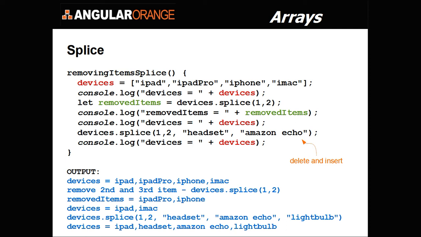And then I do a splice from elements 1 to 2, and basically what's left is iPad Pro and iPhone. It removed the second and third items, 0, 1, 2.